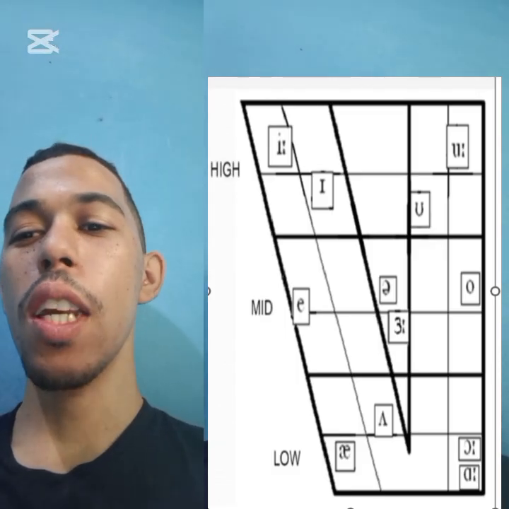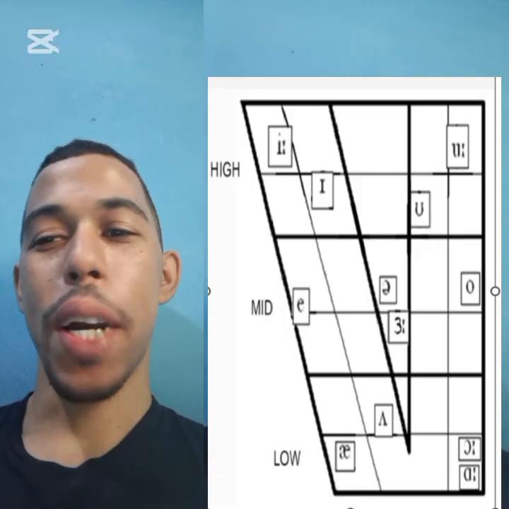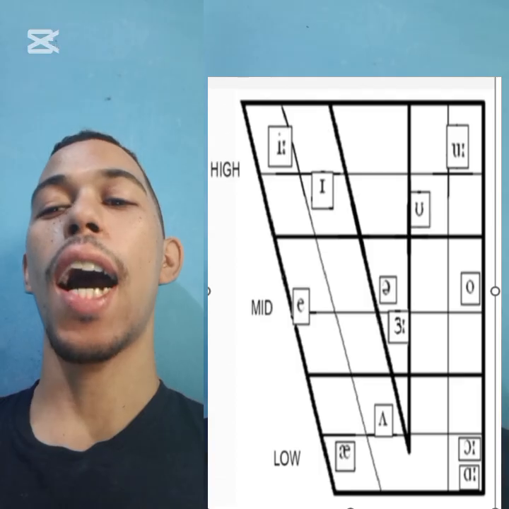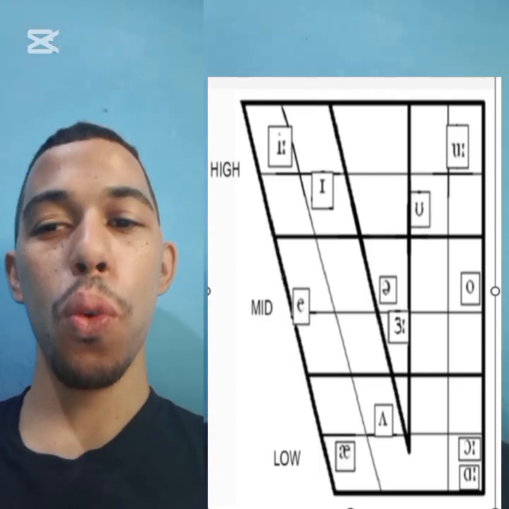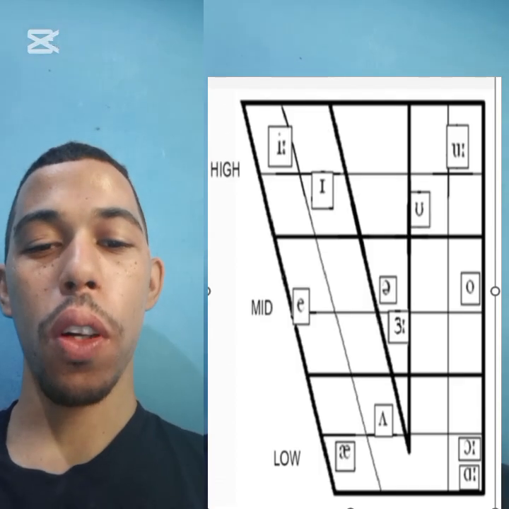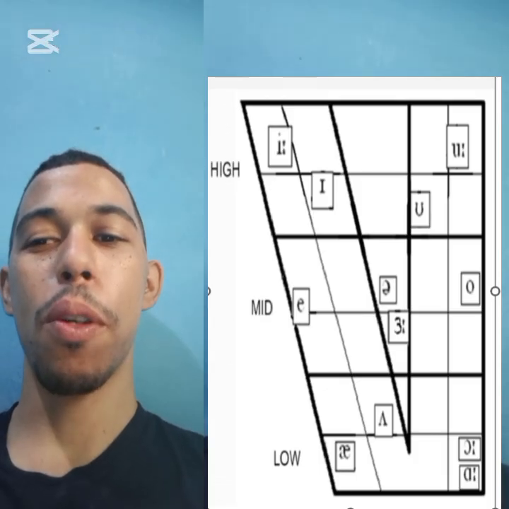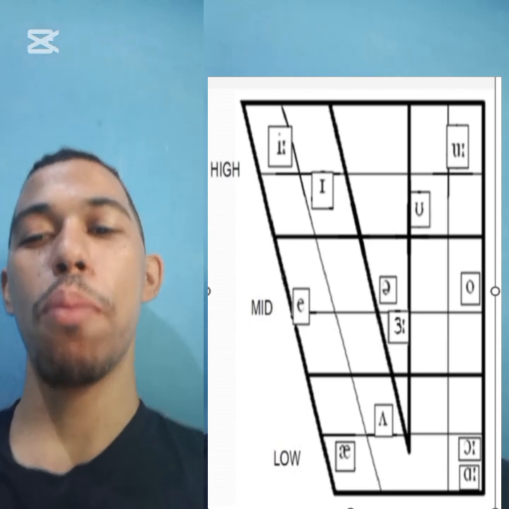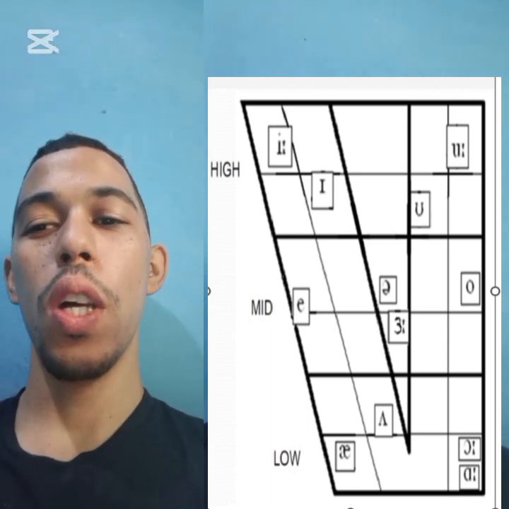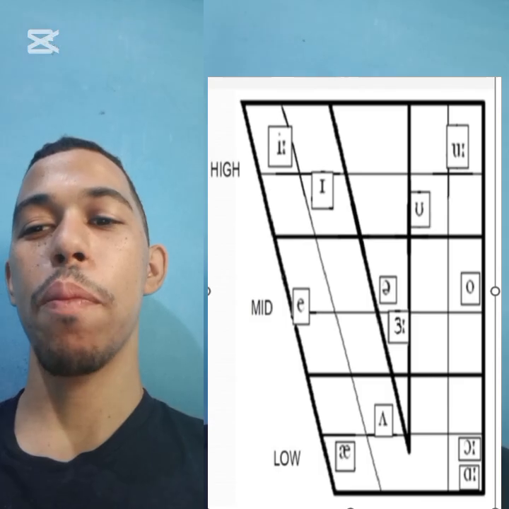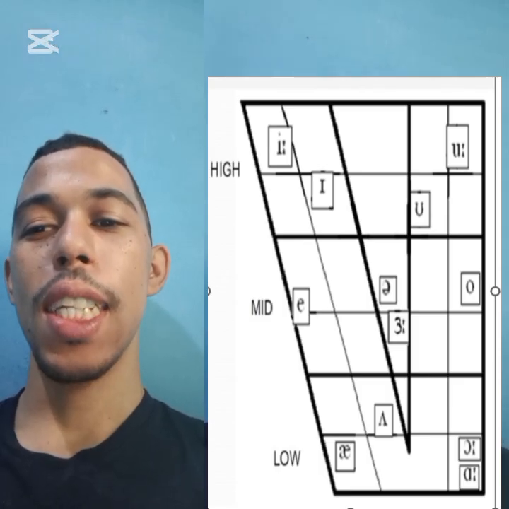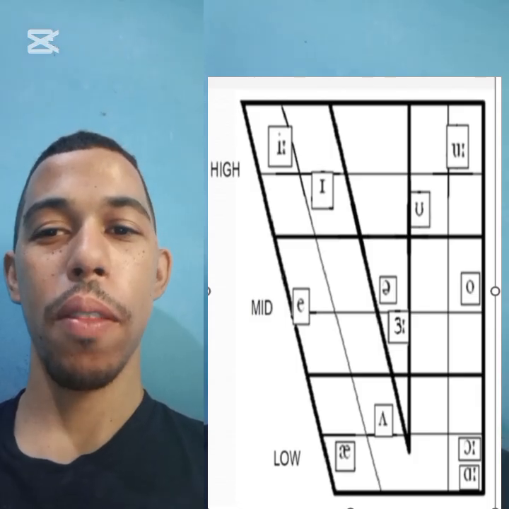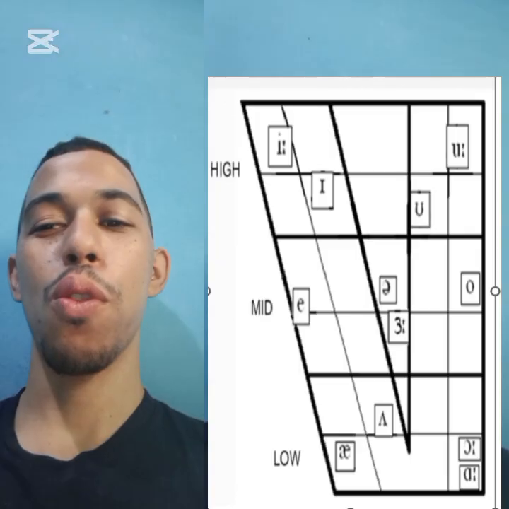If we go to the right of the chart, in the upper, high back, we can find the phoneme "oo". Look at the lips: they are very rounded when they say "oo". And if you notice these two dots in the representation of this phoneme, it means that the sound is long, and if it's long, it's also stressed.